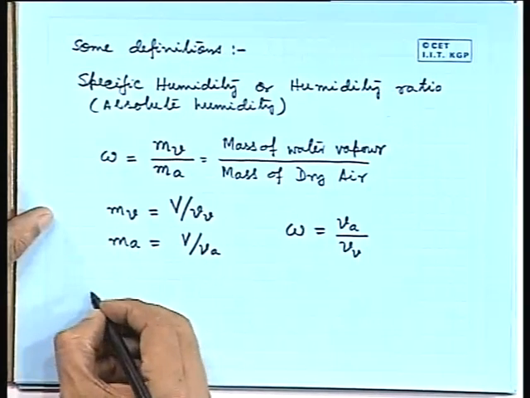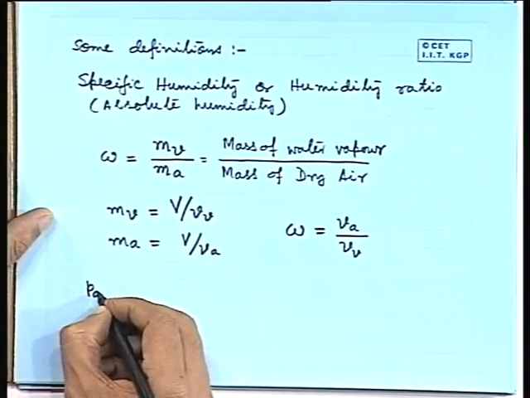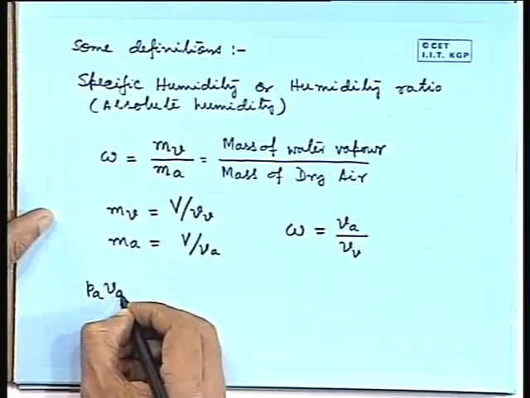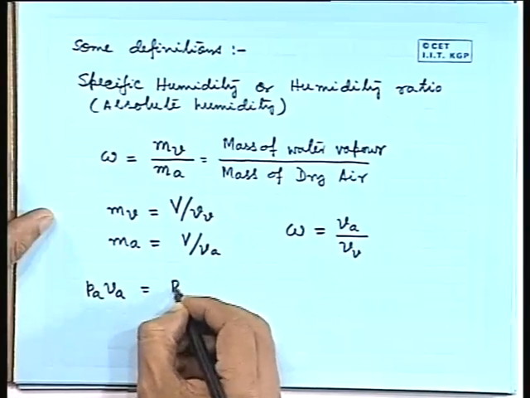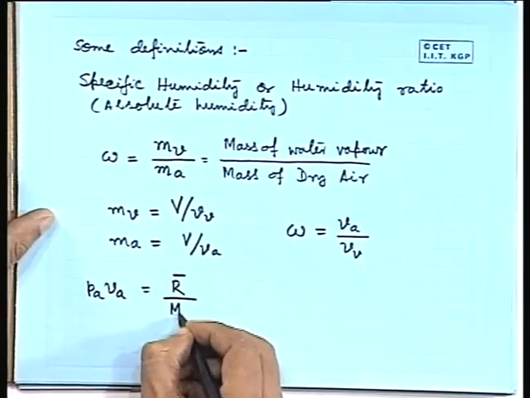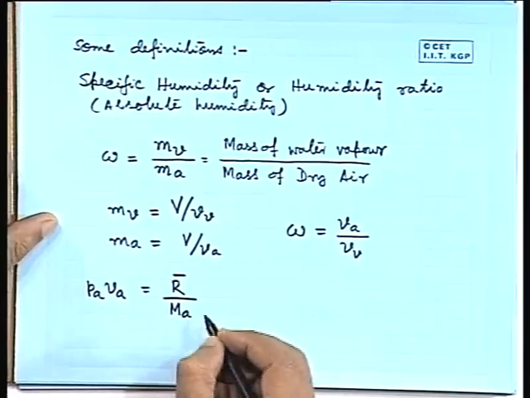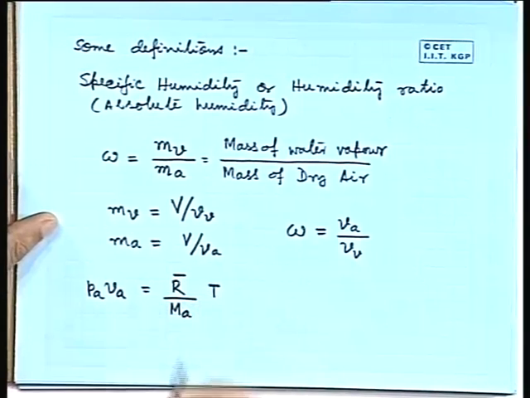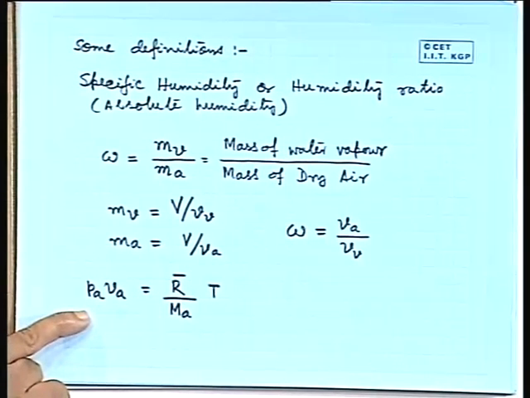Then again one can write PaVa is equal to R by Ma T, where R is the universal gas constant. Pa is the partial pressure of dry air.